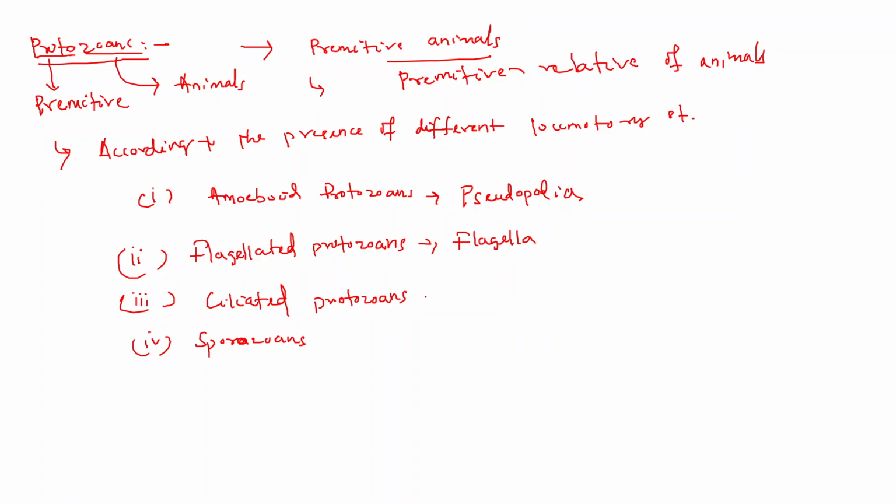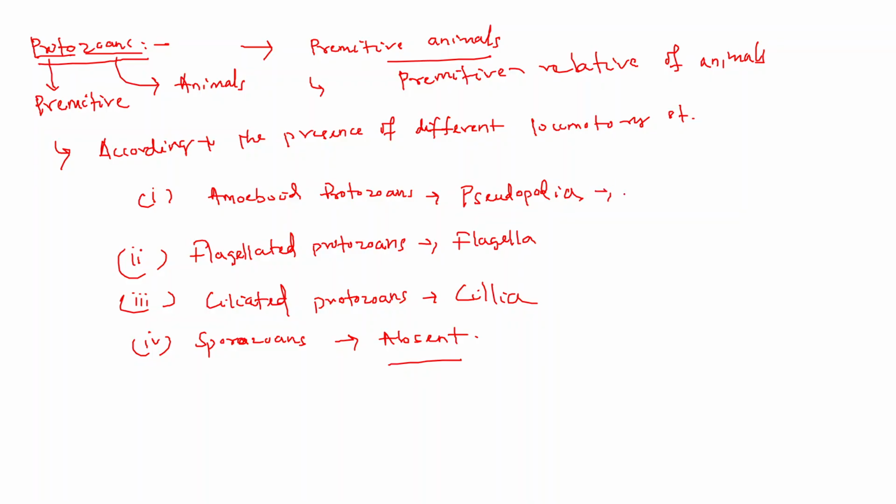Maybe in the next class we'll discuss the locomotor structure, nutrition, and reproduction in protists. In ciliated protozoans, the locomotor structure is cilia, and in sporozoans, the locomotor structure is absent.